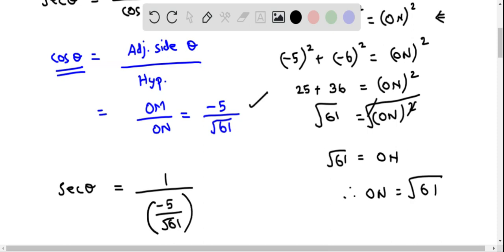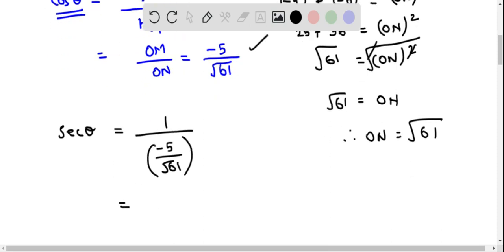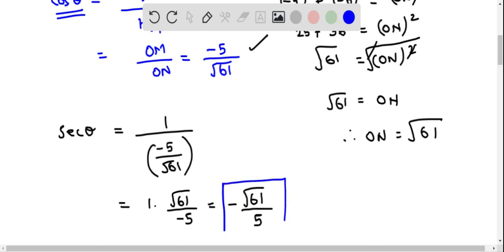So we just have to multiply the 1 in the numerator by the reciprocal of the denominator, that is under the root of 61 divided by negative 5. So this can be written as 1 times under the root of 61 by negative 5, we can simply write this as negative of under the root of 61 over 5. So therefore, we have determined the secant theta equals negative root 61 over 5.